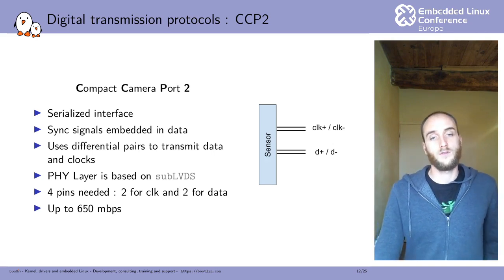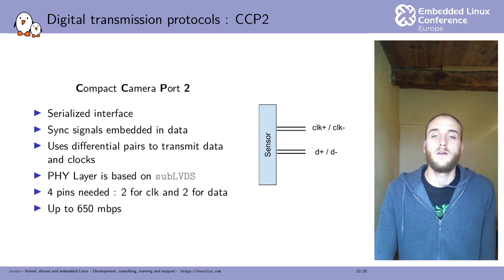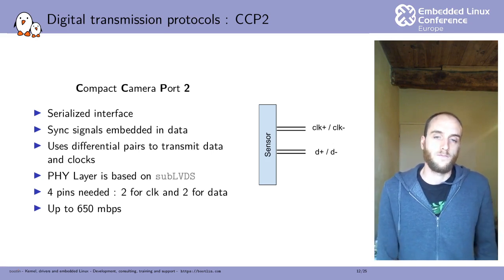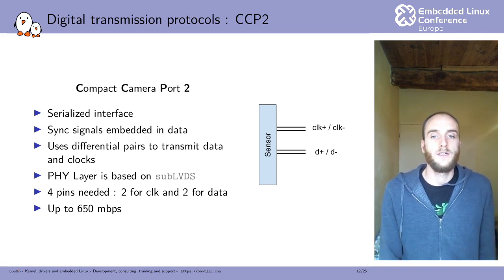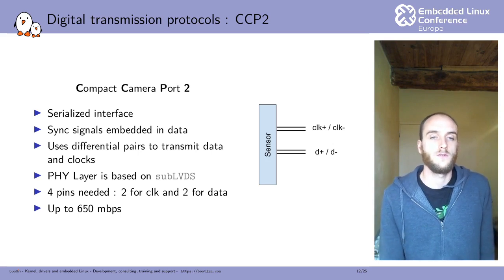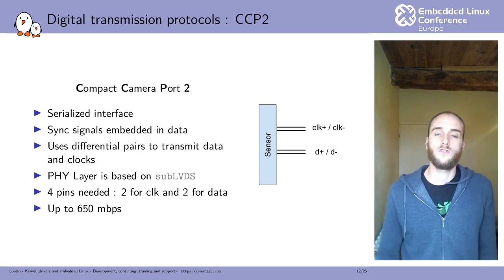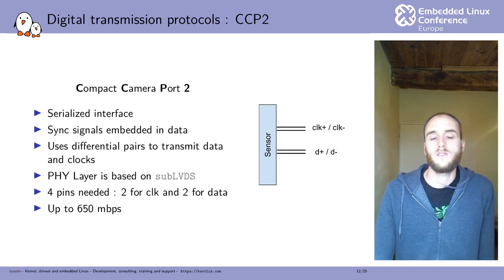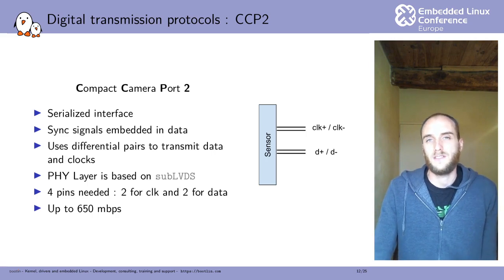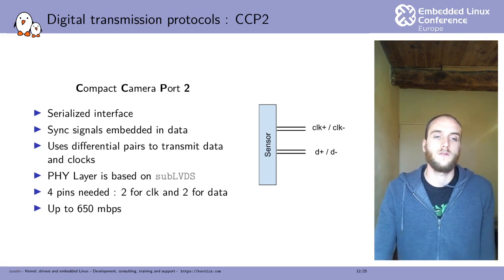So what you have is just a basic clock lane, using differential pairs, and a data lane, only one of it. So with just 4 physical lines, you can connect your sensor to your CPU. This is very useful, but it is pretty limited in bandwidth. It can only go up to 650 megabits per second.